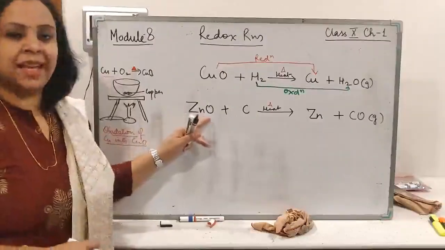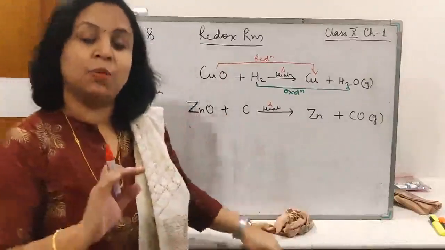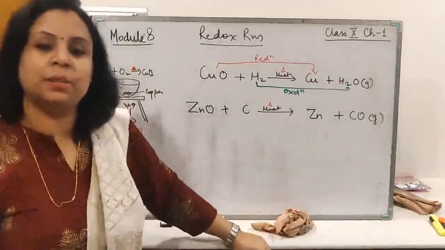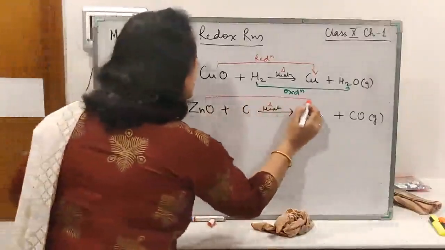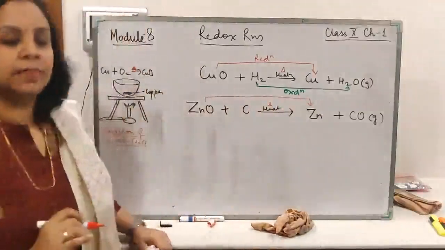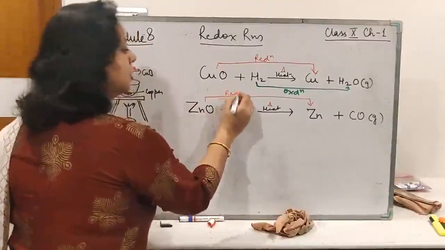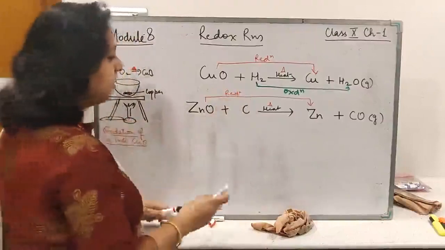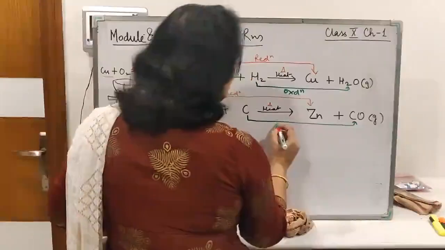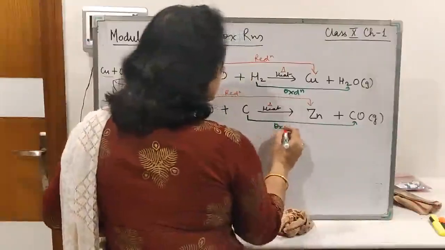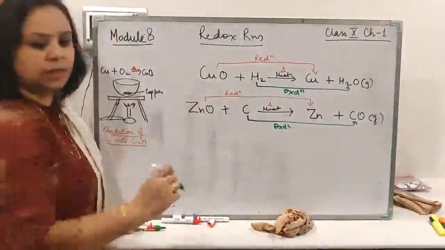Now, if you see, zinc oxide is getting converted to zinc. What is happening? Oxygen is being removed. So, we will say it is reduction. And over here, oxygen is being added. So, it is oxidation. One more example.